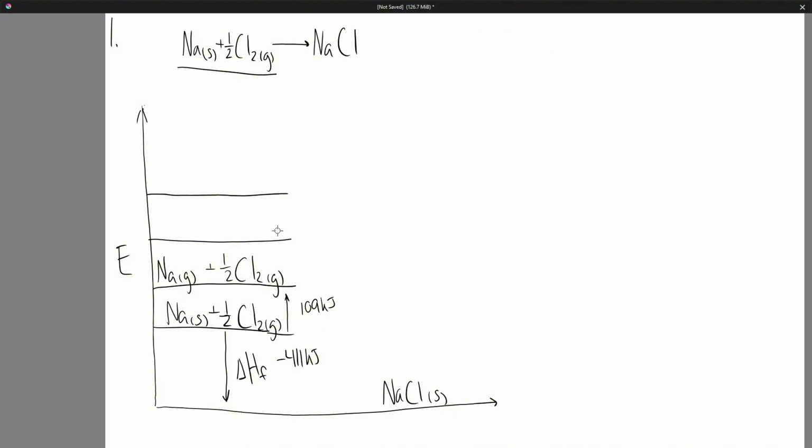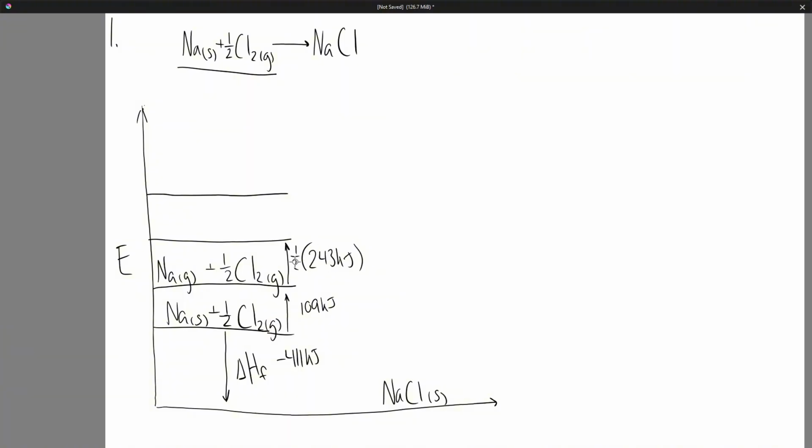And then now we're dissociating the chlorine. That energy right there is 243. But since you're working with half a mole, you halve that too, since this energy belongs to a full mole of chlorine being dissociated.